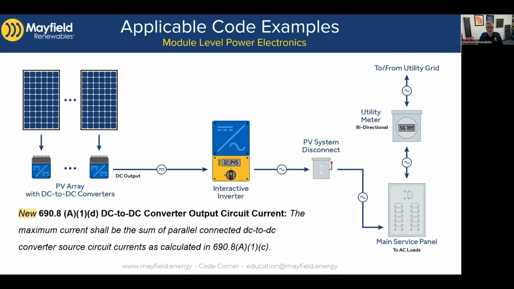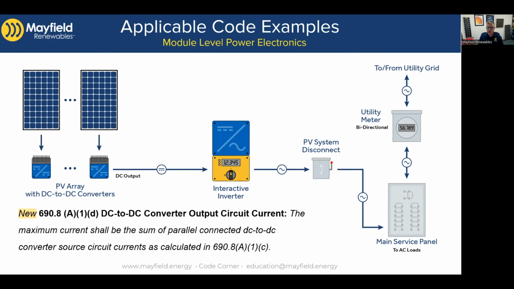So your DC to DC converter manufacturer is going to say output current is 15 amps, 18 amps, whatever that value is. That number is that maximum value. It doesn't really matter what is coming in on the input side. You could have a higher current coming in on the input side. The output is going to be regulated by the converter. It's a piece of power electronics. And so it's going to regulate and limit the amount of current that can come out. And so that's the value that you use.